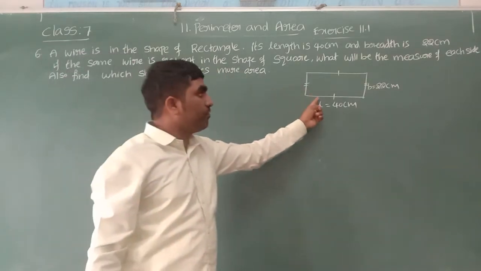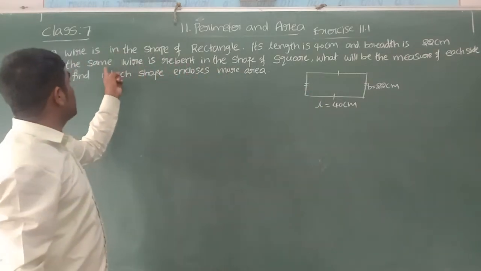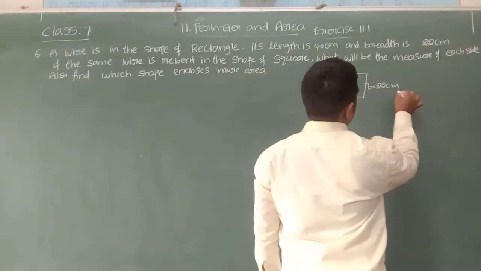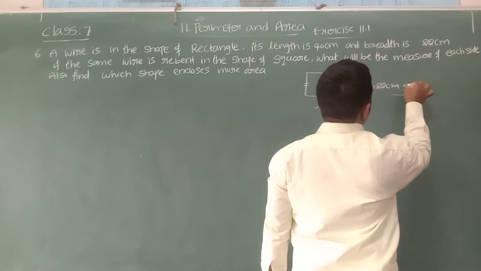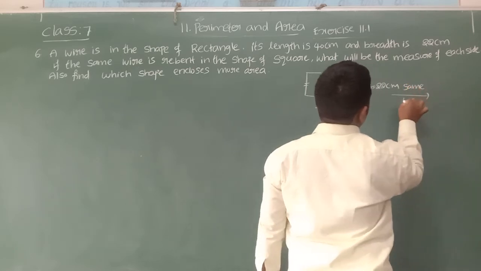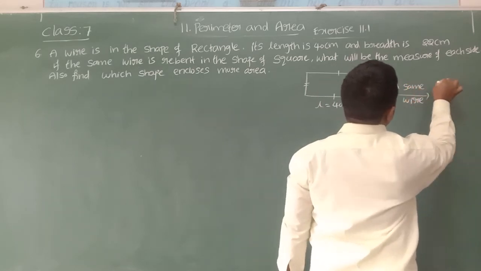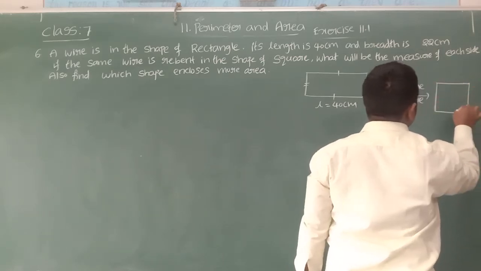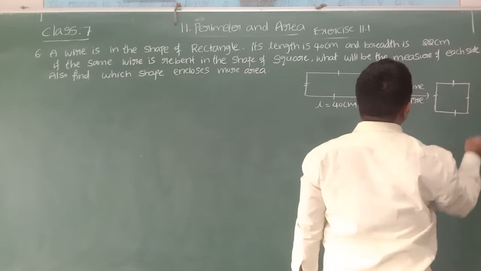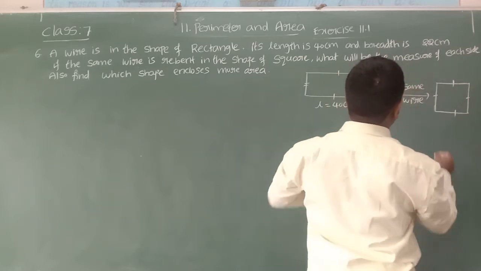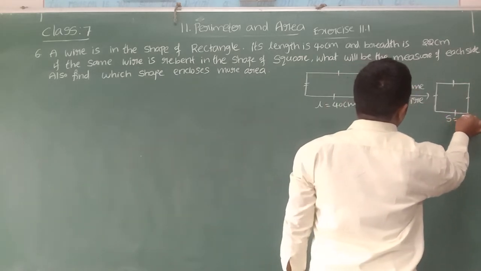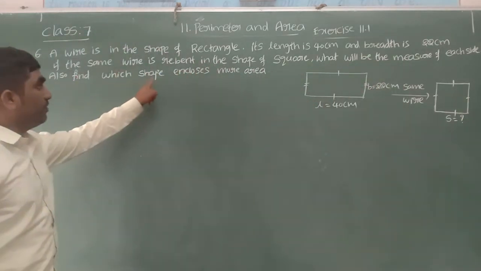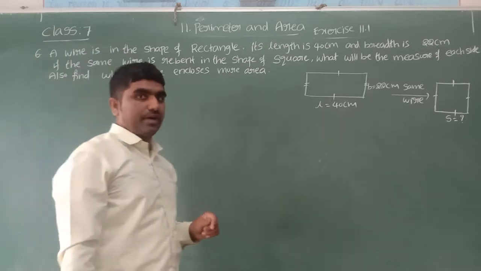By taking the same wire, rebent, they made a square. It means all sides are equal. What will be the measure of each side? Yes, what will be the measure of each side? We have to find. Also find which encloses more area.